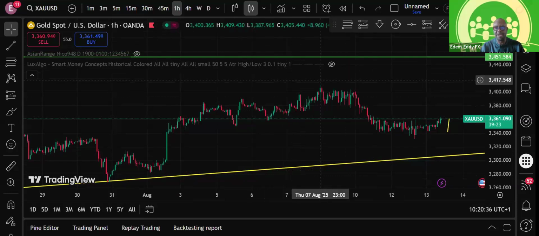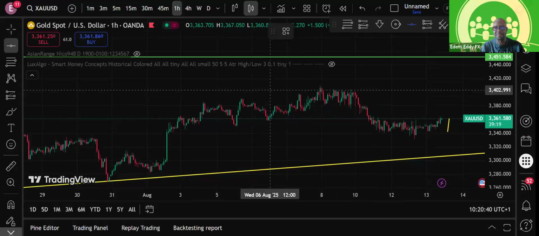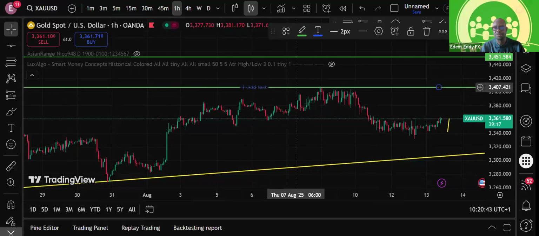From here, you use your horizontal lines to mark. I'm using green.